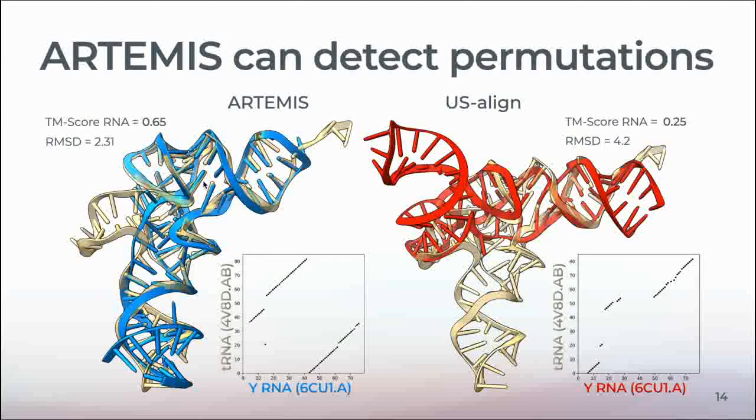If we take a look at the beginnings of our chains, we can see a permutation in the alignments. Also, we can see it on the graph of the alignment, with these fragments that are permuted. On the right side, we see that US-align also failed.